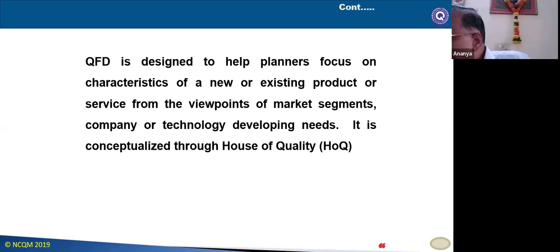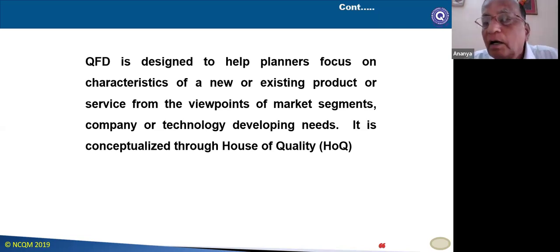QFD, benchmarking, very good. So we are now going to come to a very important aspect, which we call quality function deployment. It's a tool.